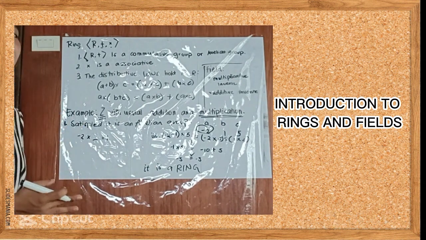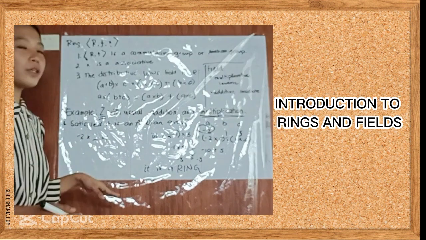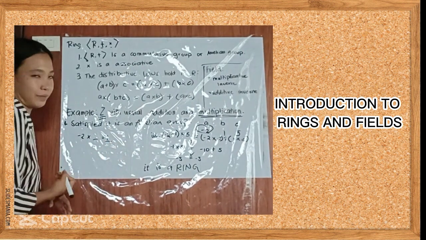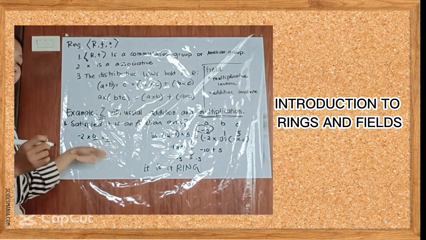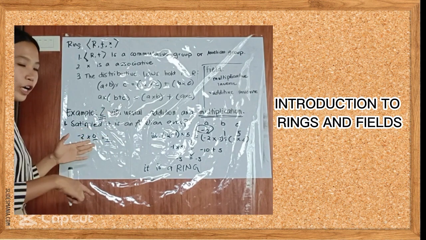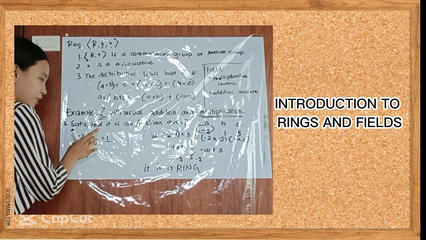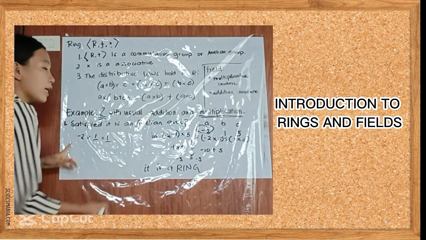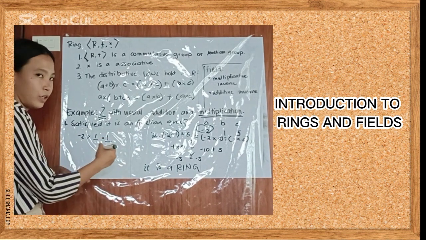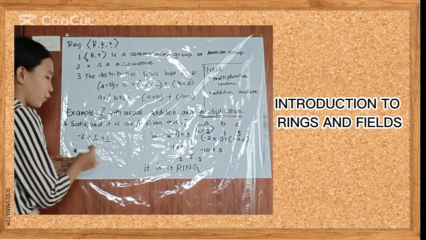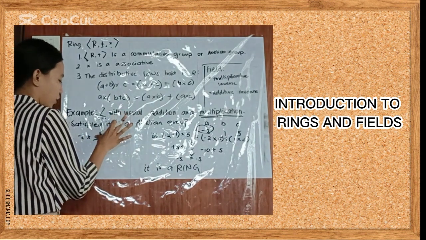What number should we multiply to -2 so that we can get 1? 0? -2 times 0 is 0, so it is not 0. Let's try again. 1. -2 times 1 is -2. -2 is not 1. Therefore, 1 is not the inverse for multiplication.